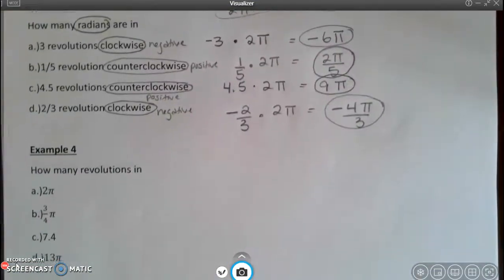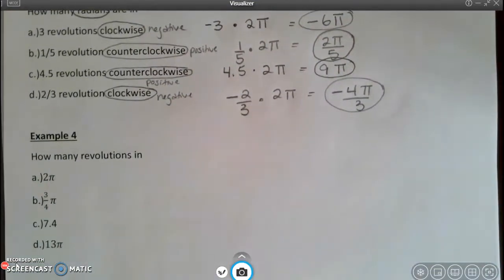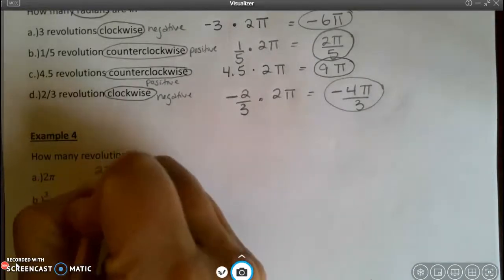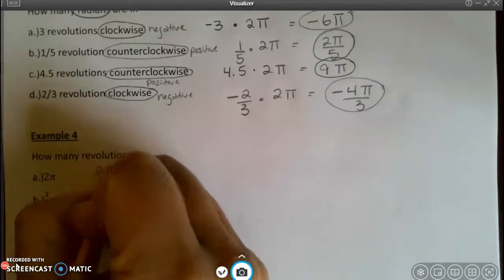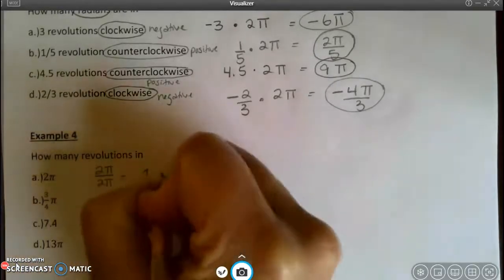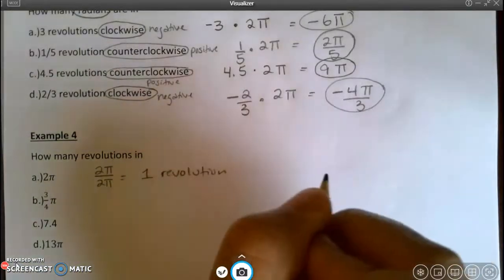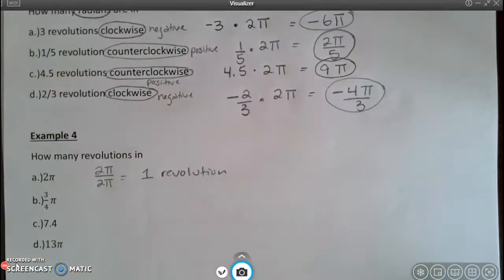Onto example 4, how many revolutions are in 2 pi? Well, I know that I have 2 pi, and in 1 revolution is 2 pi, so that is 1 revolution. Remember when we were figuring out revolutions with degrees, we divided by 360. So with radians, we divide by 2 pi.